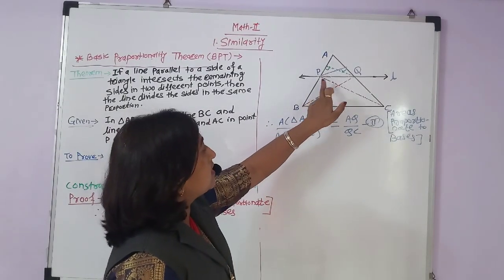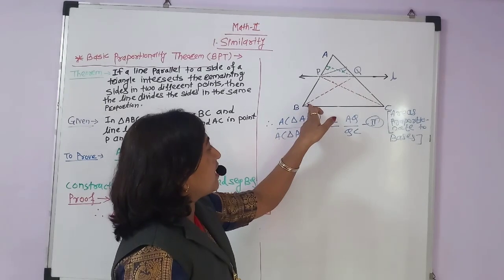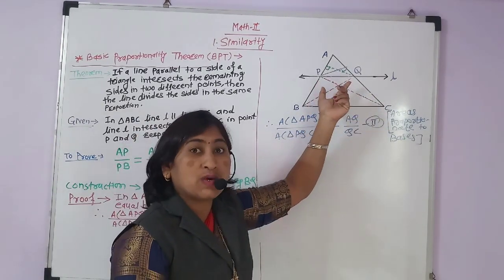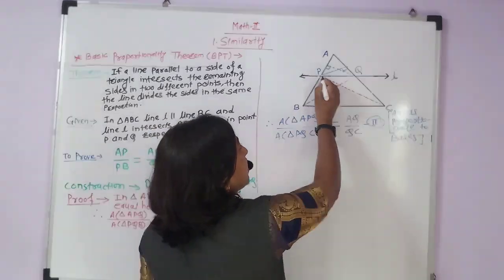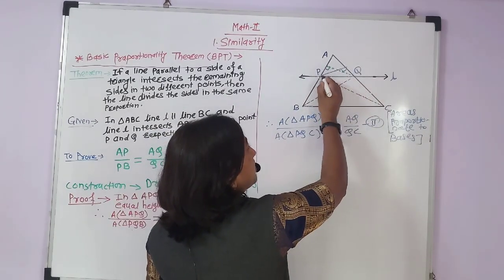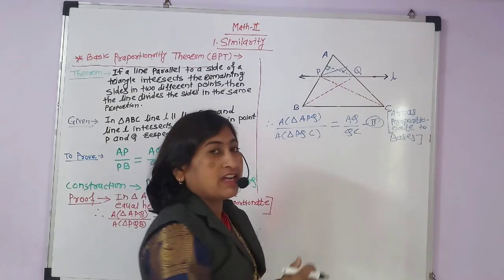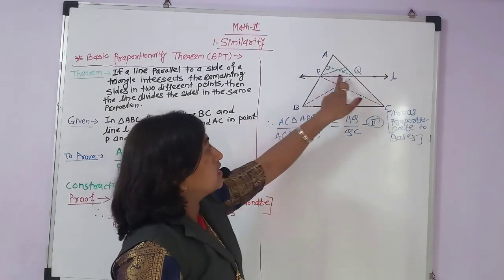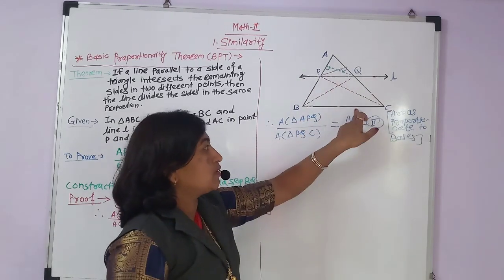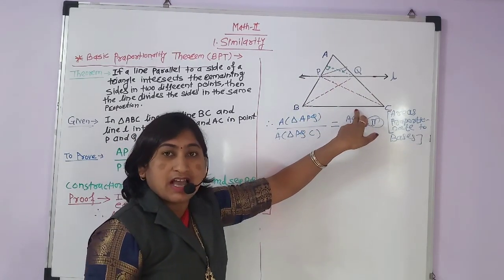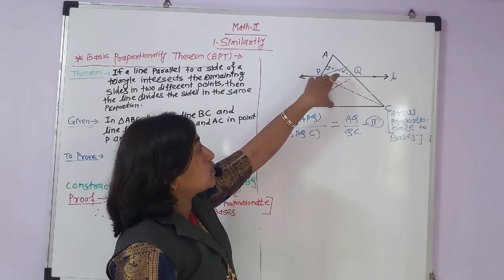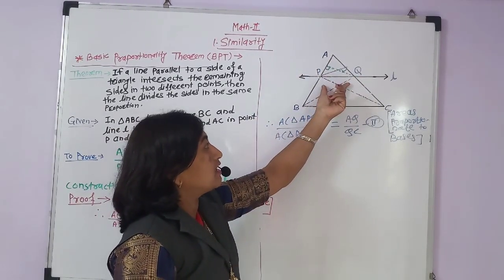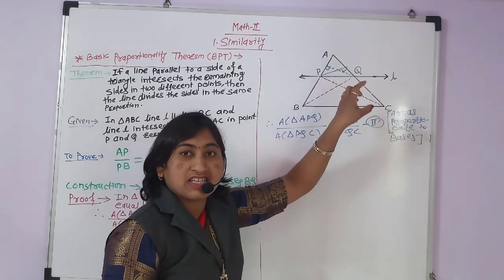In triangle PQB and another triangle PQC, segment PQ is the common base for these two triangles. PQ is parallel to side BC, and these triangles lie between these two parallel lines.